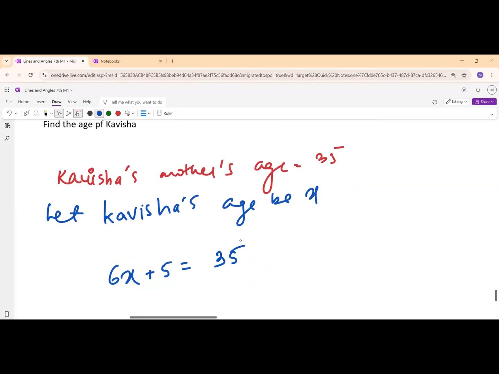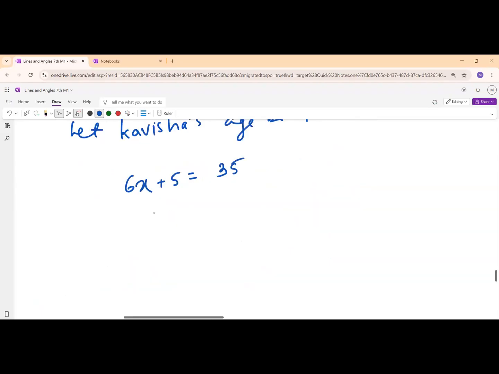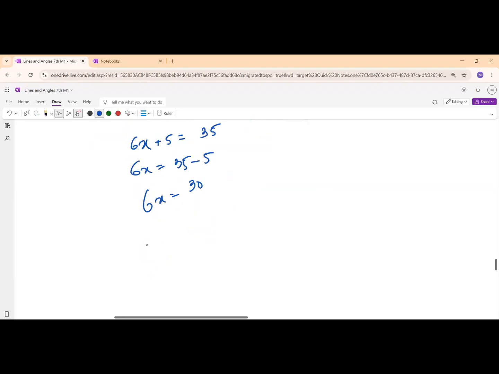We now have the equation. We just need to solve it. Take the 5 to the right. So 6x is equal to 35 minus 5, because when it changes the side, the sign changes from plus to minus. So 6x is equal to 30. Now this 6 is in multiplication, so when it goes to the other side, it would divide. So x is equal to 30 by 6. 6 fives are 30.